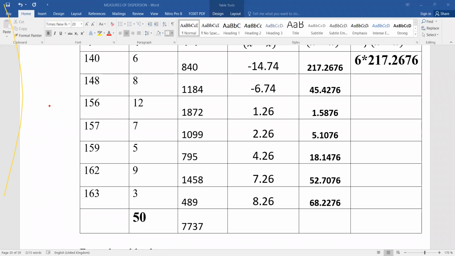Rachel, that value is right. Birungi, you are correct.